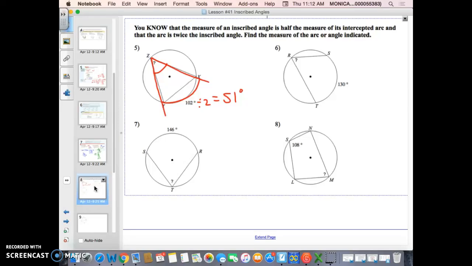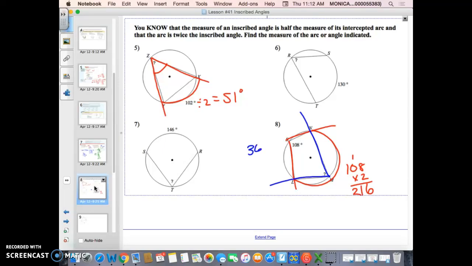All right, and then here again, you're going to take 1/2. Now, this one is a little bit tricky. For this one here, you have to first figure out this entire arc here is going to be 108 times 2, which is 216. So then, to find this arc here, it's whatever is not.